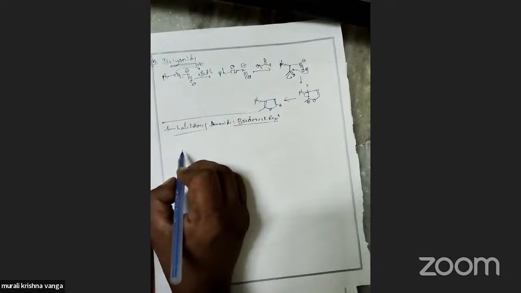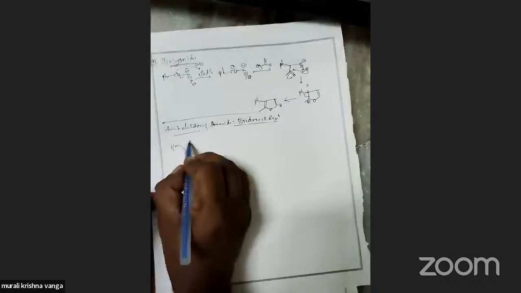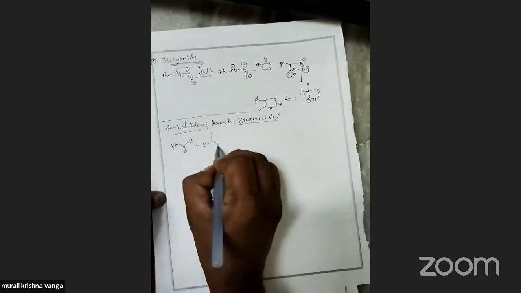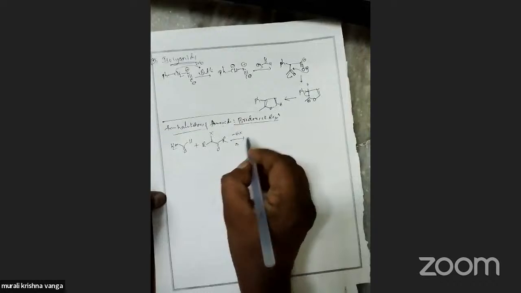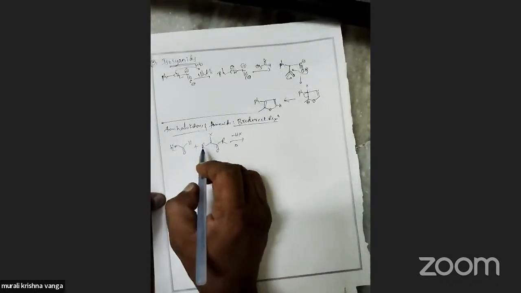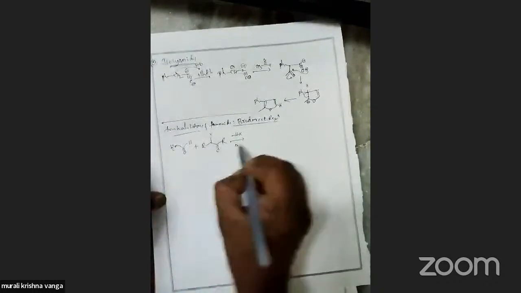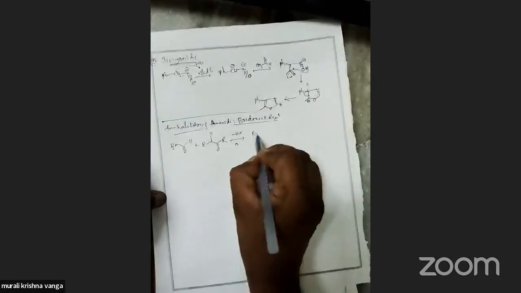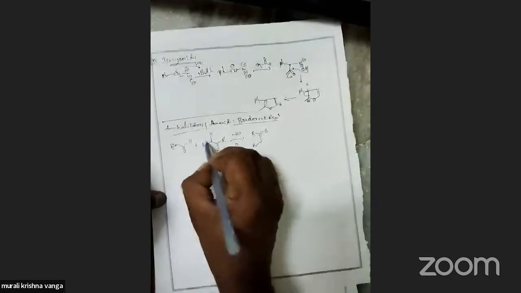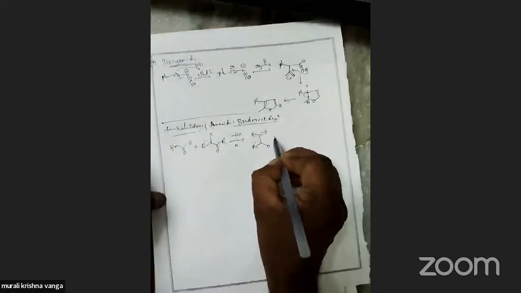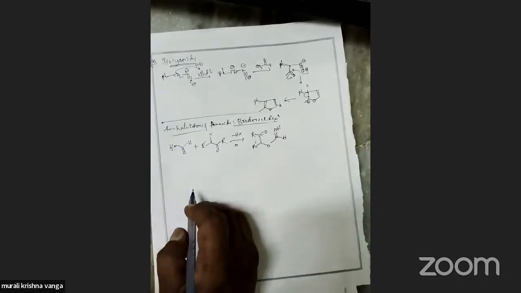When amides react with alpha-haloketones by loss of HX upon heating, the product is formed with R double bond O, R dash O, and NH2.